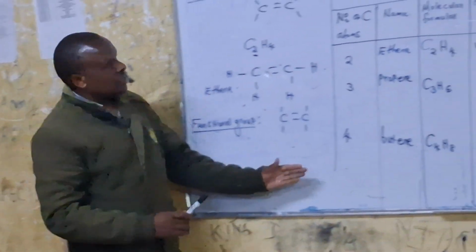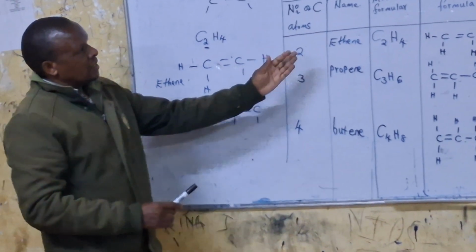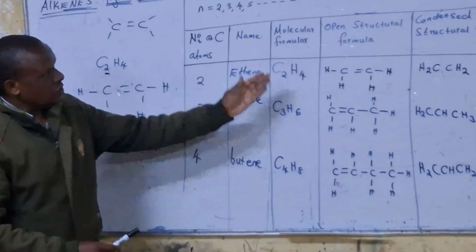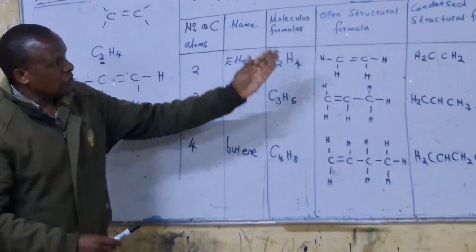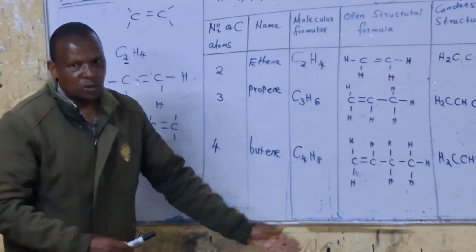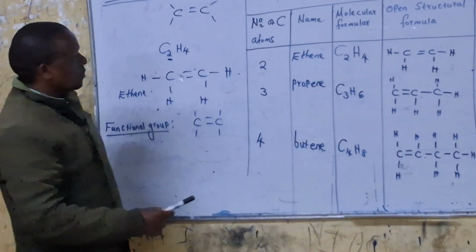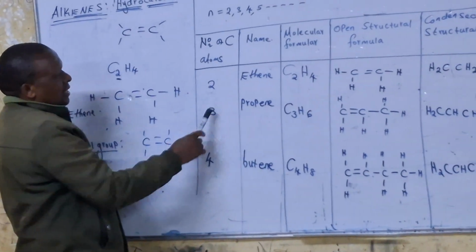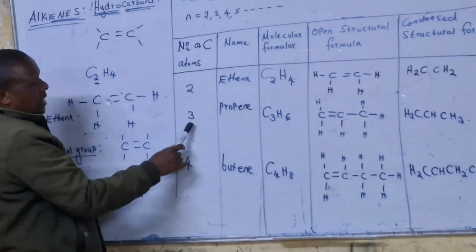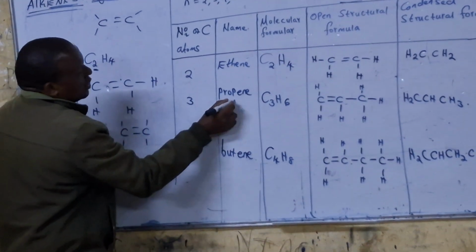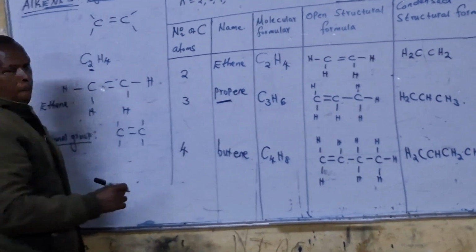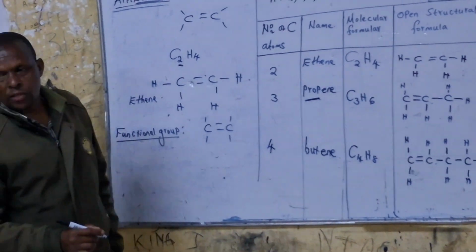Now let's look at how we get the molecular formula, how we draw the open structural formula, the condensed structural formula, and the skeletal formula. If the number of carbons is 3, for example, then the prefix for the name is prop.